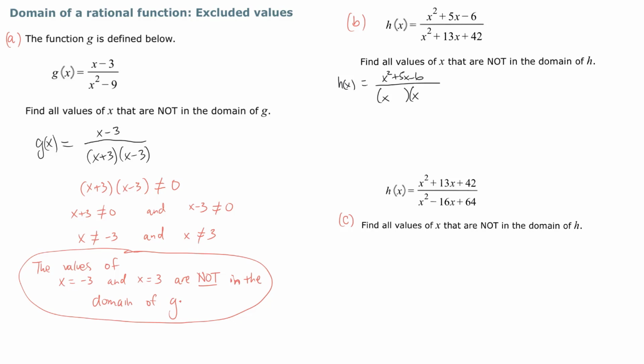The denominator here is x plus 6 times the quantity x plus 7. So once again, x cannot equal negative 6, and x cannot equal negative 7.